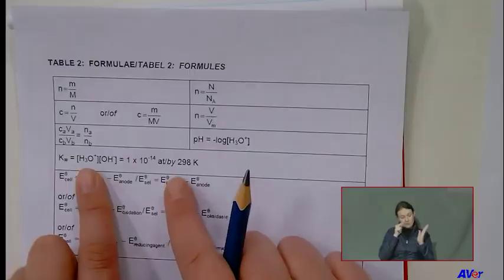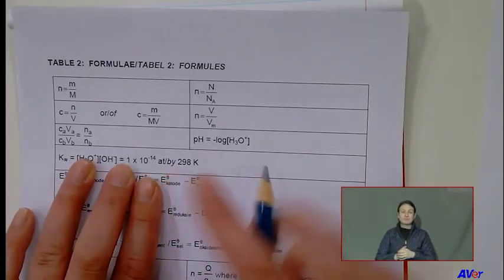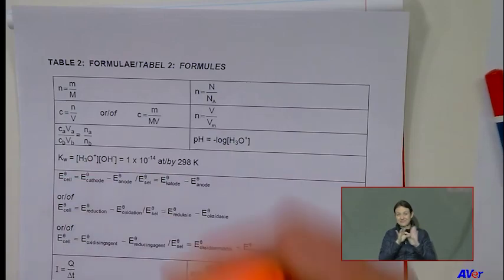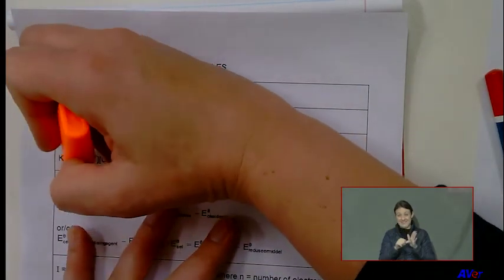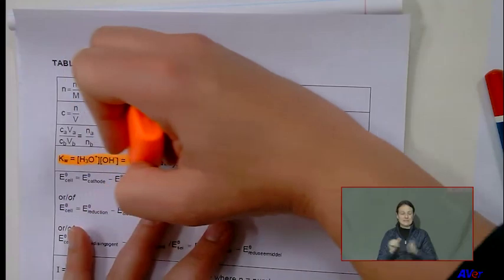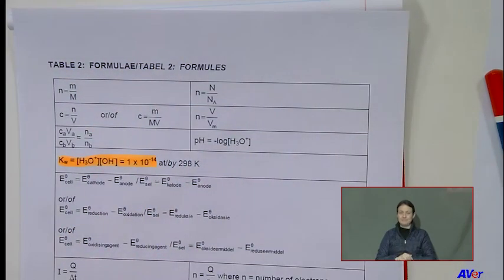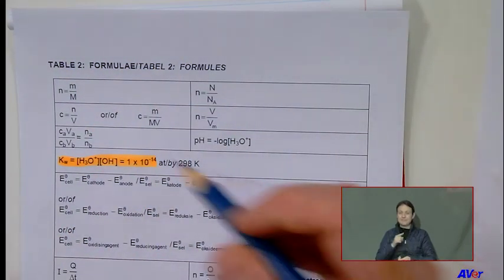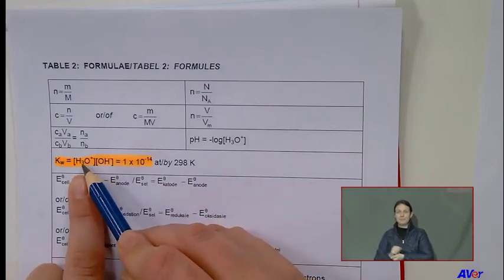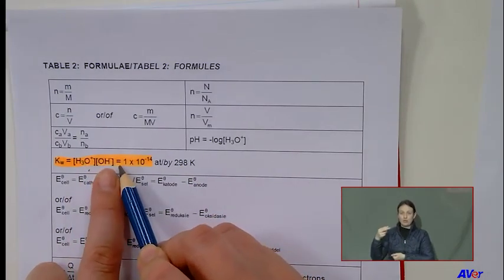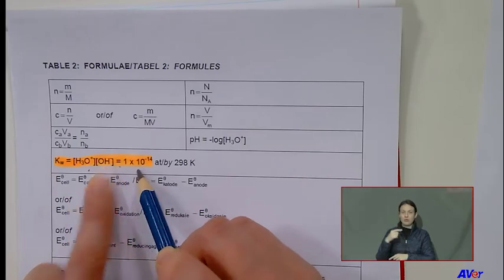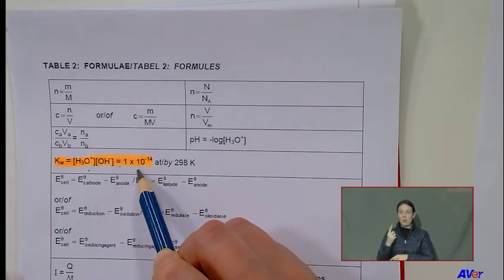No, we're not. I'm going to refer you to your data sheet in the notes from today. You see this little guy here? Very important. It is a constant. The concentration of hydronium ions multiplied by the concentration of hydroxide ions will be 1 times 10 to the power of negative 14.